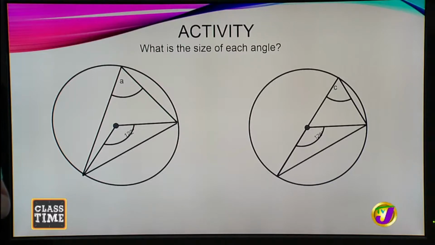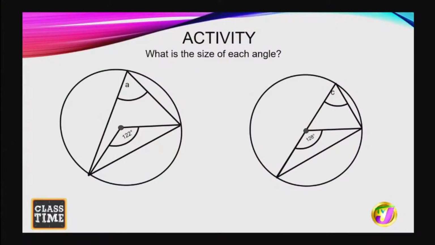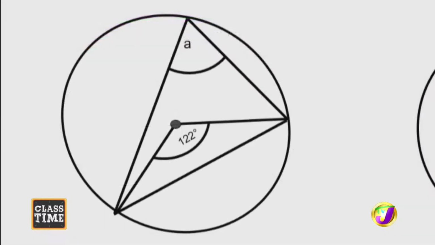You ready, Mr. Brown? Okay, I am thinking that the angle at the center for the first problem is 122 degrees. And as we established before, the angle at the circumference is half the angle at the center when it's subtended from the same chord.